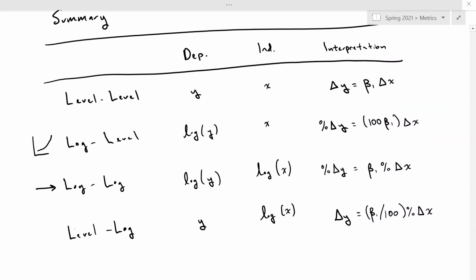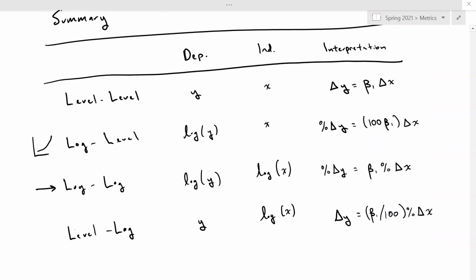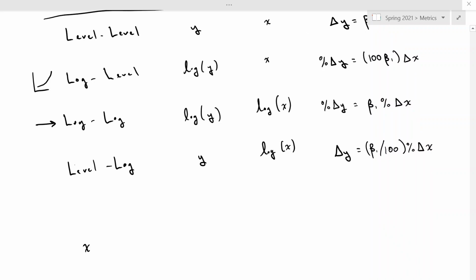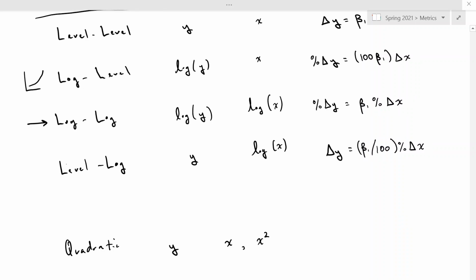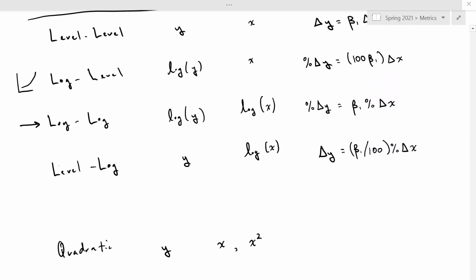So the other last one, although technically it's a level, we did talk about quadratic, and I guess we interpreted it, so we have a y, we have an x, and we also have an x squared, and yeah, let me go ahead and add it to our summary.